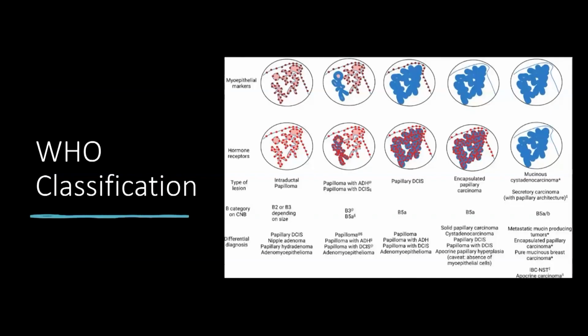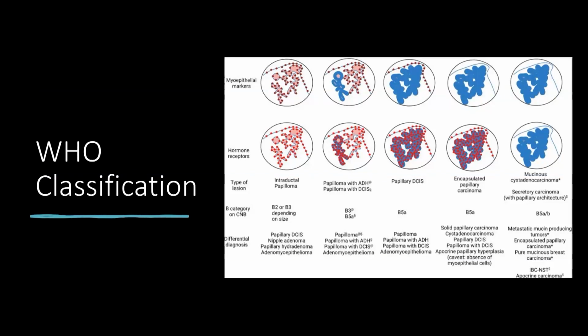This is the WHO classification when we're looking at intraductal papillomas versus papilloma with atypical ductal hyperplasia, or DCIS, or papillary DCIS, or encapsulated papillary carcinoma, mucinous cystadenocarcinoma. So you can see that the myoepithelial markers and the hormone receptors really are quite significantly different and play a large role in how these are categorized.